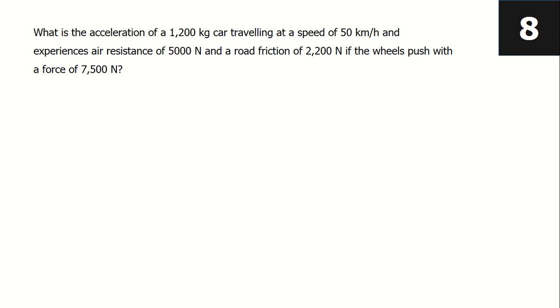Air resistance is a kind of force equal to 5,000 newtons, and there is also road friction of 2,200 newtons, if the wheels push with a force of 7,500 newtons. So you're looking for acceleration. Your formula for acceleration is net force divided by mass. Your mass is given, it's 1,200 kilograms. You don't know the net force.